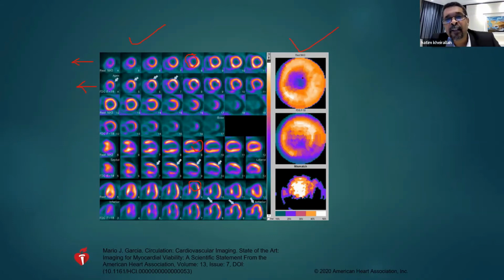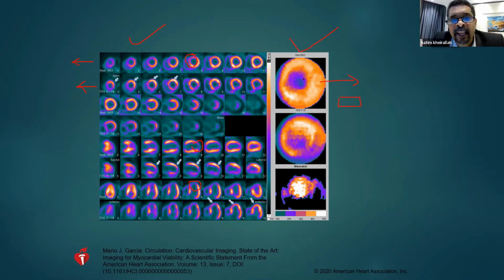And in this polar map, the segments which are hypoperfused will come in percentage by the software immediately. So they know exactly how much ischemia there is according to the entire polar map, because this is the polar map which represents the 17 segments.